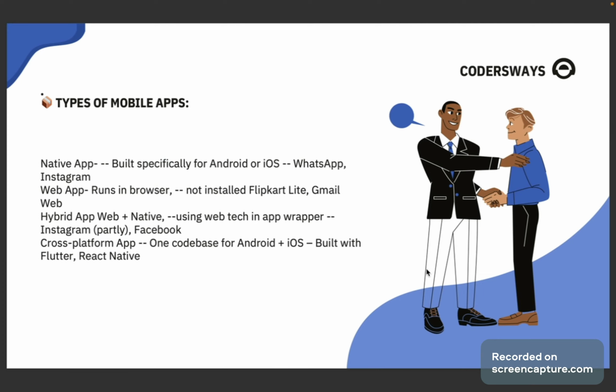Types of mobile apps: native apps, which are built especially for Android or iOS, like WhatsApp, Instagram, right? Web apps run in browsers, like Gmail and other websites, right? Hybrid app, web plus native, means applications that run on desktop as well as mobile, using a web tag in an app wrapper, like Instagram and Facebook.